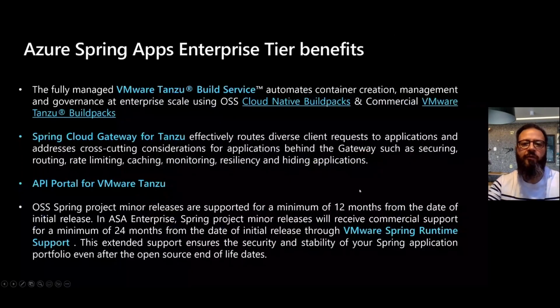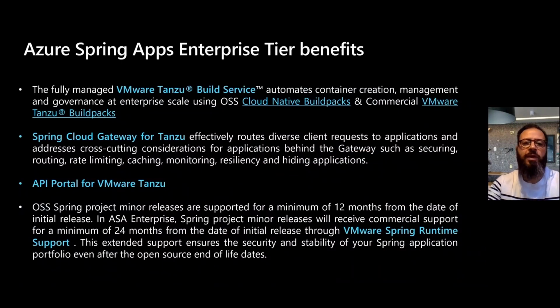So looking at the details of the enterprise tier, you will get the VMware Tanzu build service, which is the commercial offer from VMware, which uses cloud native buildpacks and Tanzu buildpacks. The Spring Cloud gateway for Tanzu provides you solutions to quickly route your client requests to your backends, addressing some cross-cutting considerations like rate limit, for instance. You will get as well the API portal for VMware Tanzu, and you will get the VMware Spring runtime, including extended support compared to the open source support timeframe.